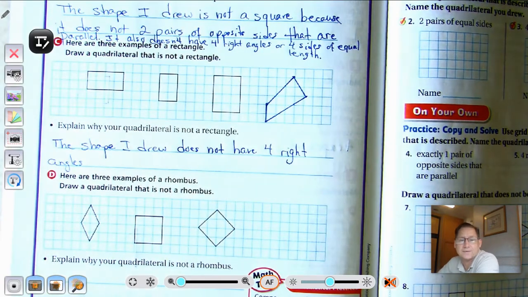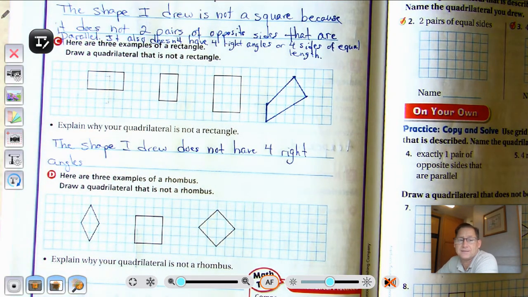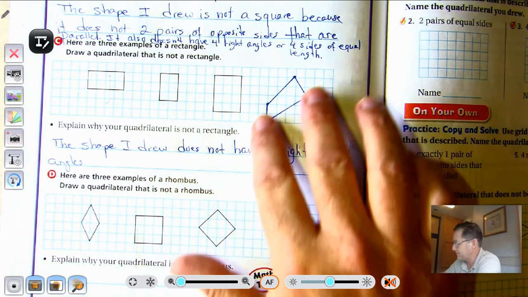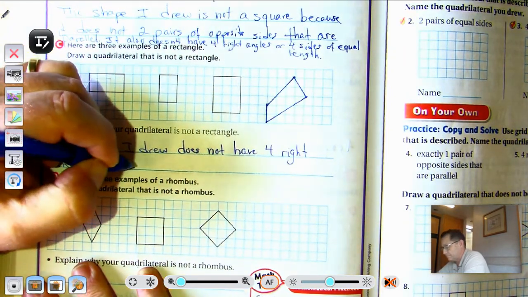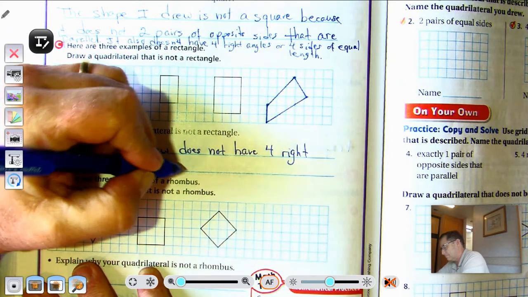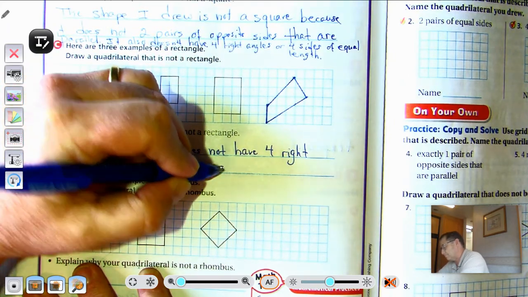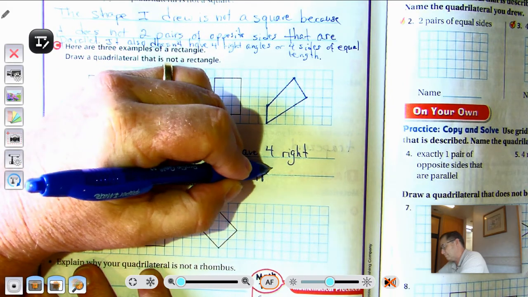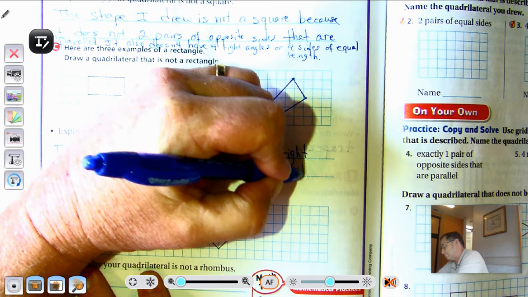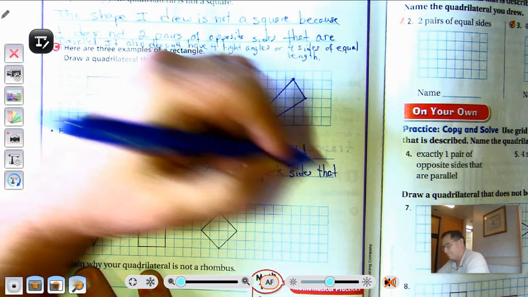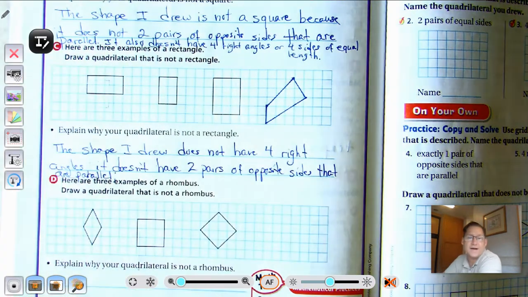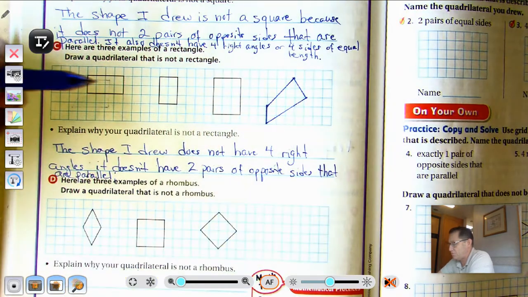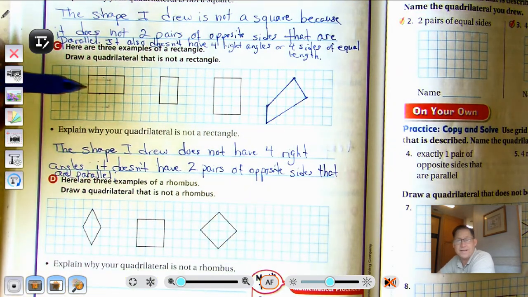Also, rectangles have to have two pairs of opposite sides that are parallel. Well, the shape I've drawn doesn't have any sides that are parallel. The final characteristic of a rectangle is that it has two pairs of opposite sides that are of equal length.